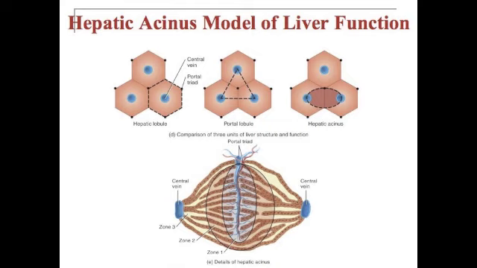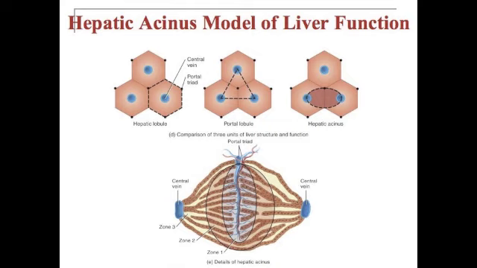The hepatic acinus is an approximately oval mass that includes portions of two neighboring hepatic lobules. The short axis of the hepatic acinus is defined by branches of the portal triad, branches of the hepatic artery, vein, and bile ducts that run along the border of the hepatic lobules.